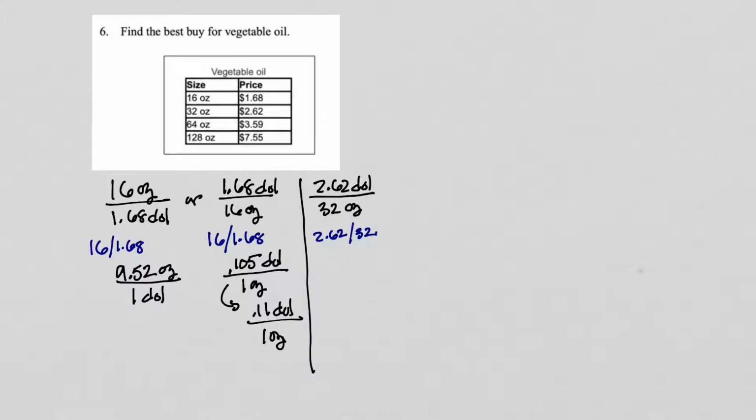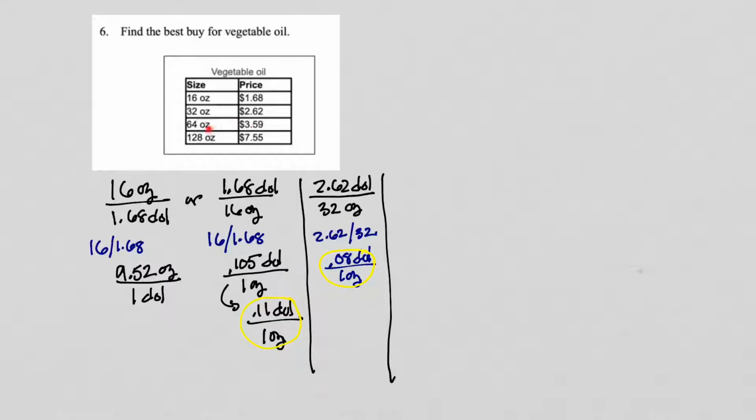And I'm getting $0.08 for 1 ounce. So I've got the second one. You know what? I'm going to circle these so I can find them. That one, that one.